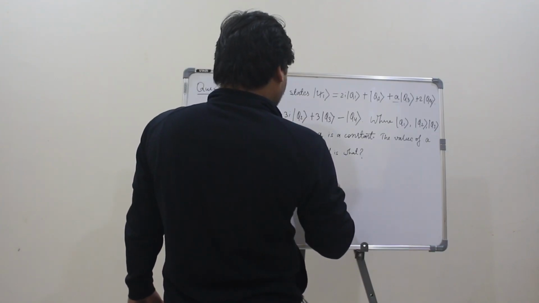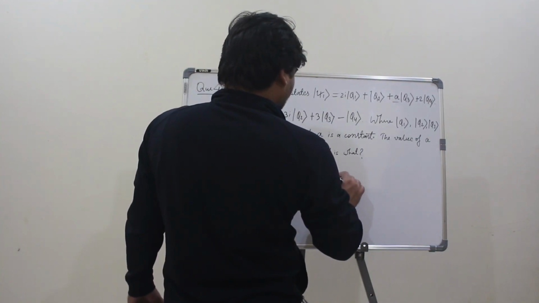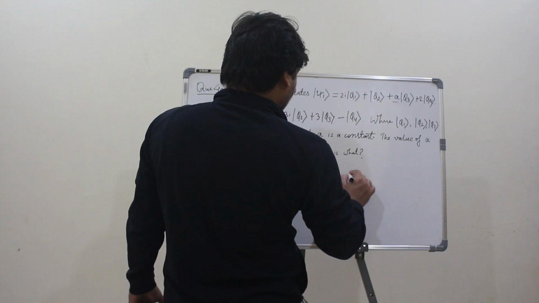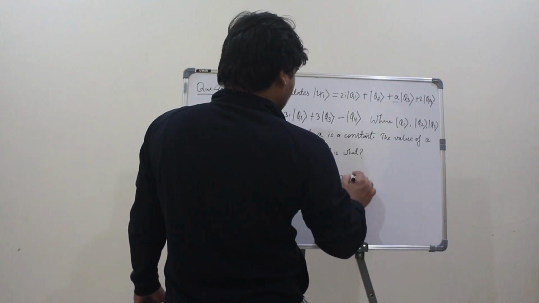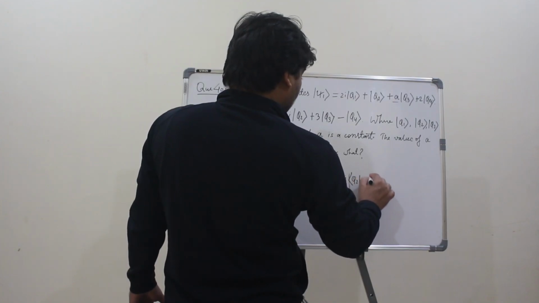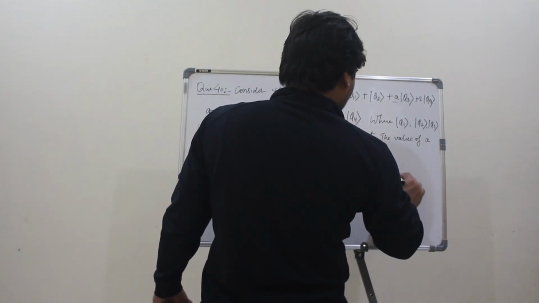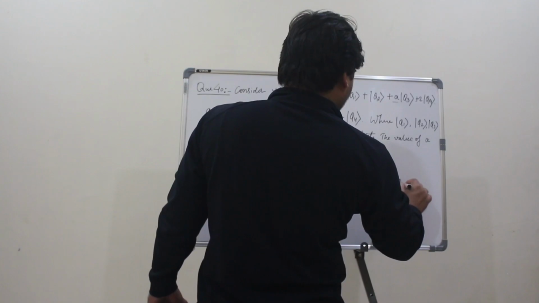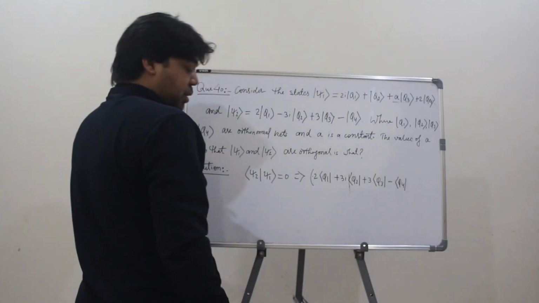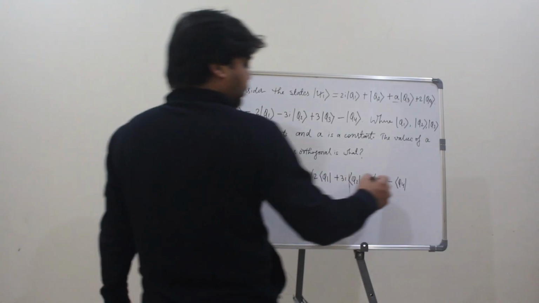So it will be 2 phi 1 plus 3i phi 2 plus 3 phi 3 minus phi 4. This is the Hermitian conjugate of psi 2.